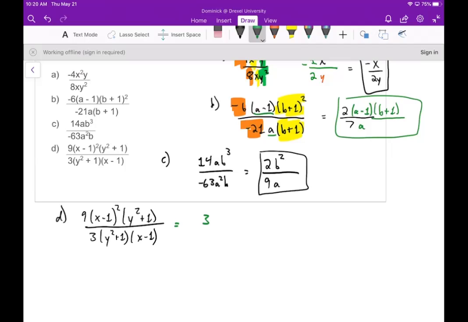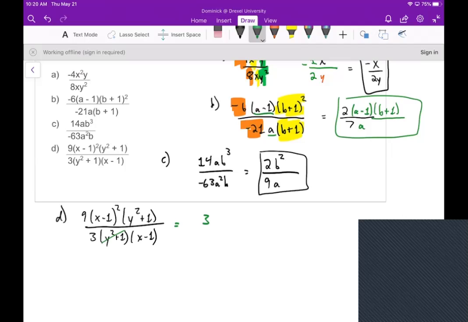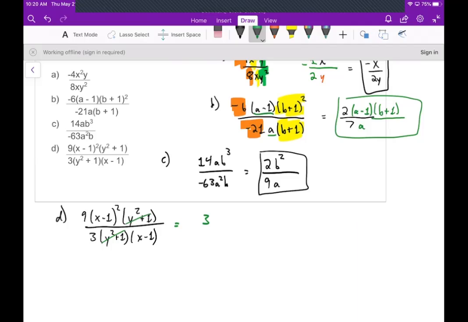They're not quite lined up, but my y squared plus 1s are actually going to cancel. And I'm going to have one factor of x minus 1 left in the top. So I actually end up with nothing left in the bottom, so we just get 3 times x minus 1.